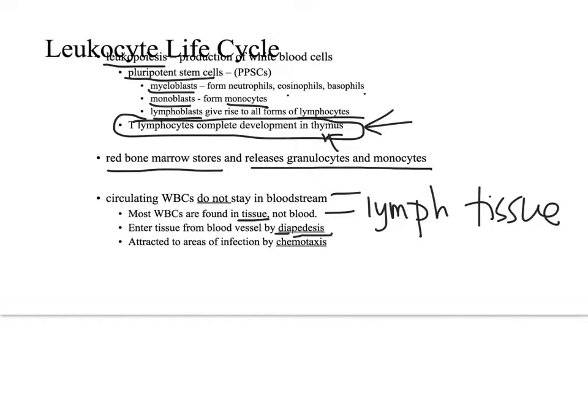diapedesis. I think I have put a picture in here so you could see it. Hold on, I'll show you the picture. They go through this process called diapedesis, where they leave through holes in the capillary wall.